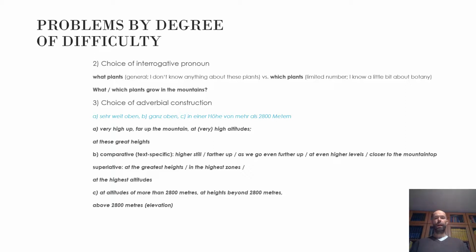The last construction, C, could be translated more or less literally by at altitudes of more than 2,800 meters, or at heights beyond 2,800 meters, or we could use the preposition above in English, which would be the most succinct way of expressing the same thing in English, saying above 2,800 meters.